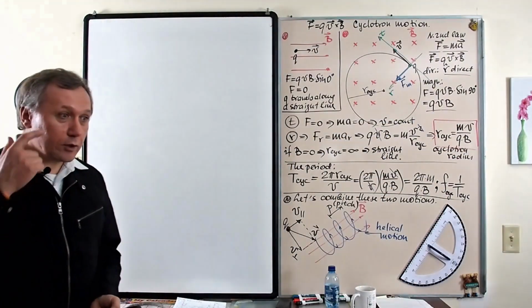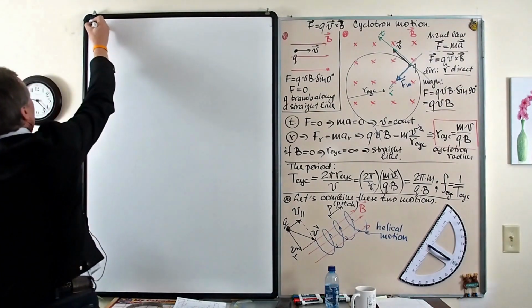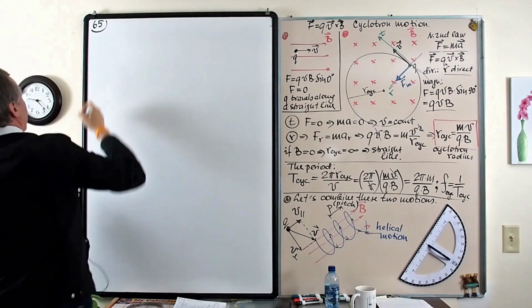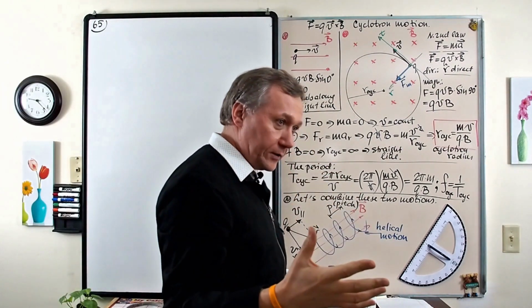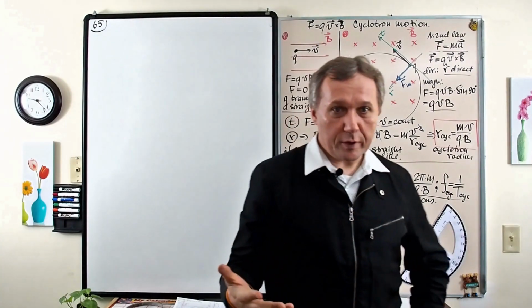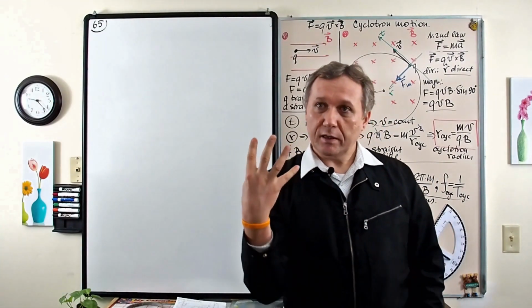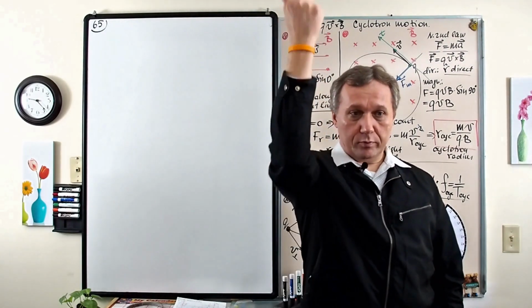Okay, so let's look at problem 65 from the book. So what do we have here? We have a magnetic field. For simplicity, we're going to assume that the magnetic field is uniform, and the magnetic field lines, let's assume, point upward, right?